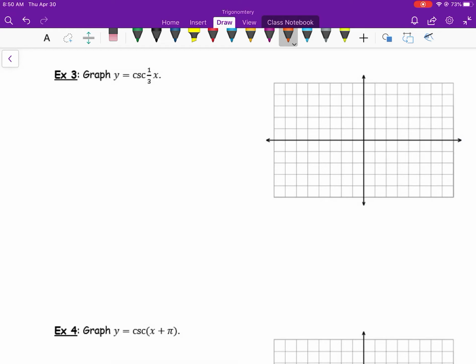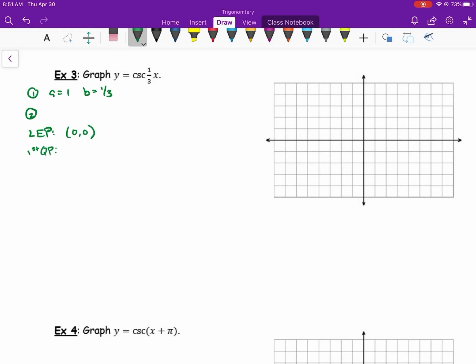Alright, next one. A is 1, B is 1/3. So that means we're going to have to do a little more math when we plug in the B's. Left endpoint is 0, 0.